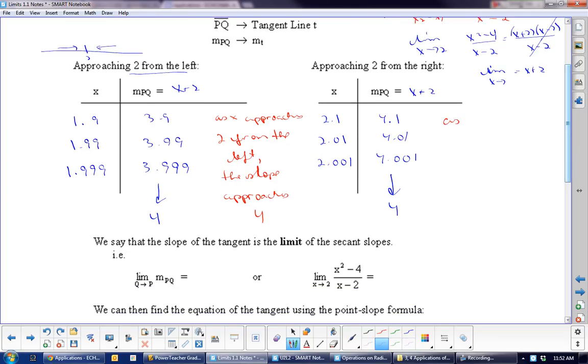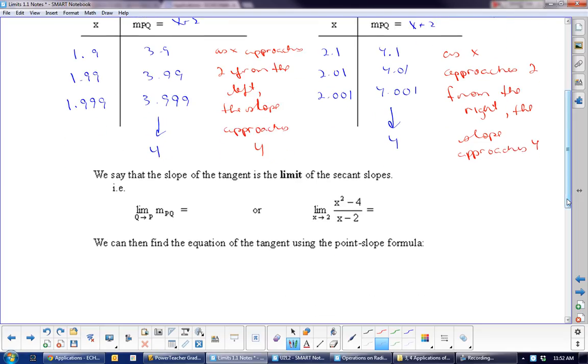So as x approaches 2 from the right, the slope approaches 4. Okay, so now we can find the slope of a curve.